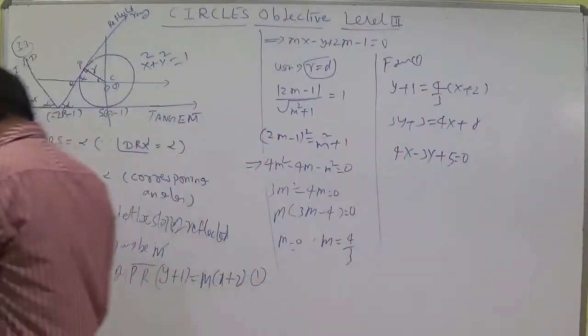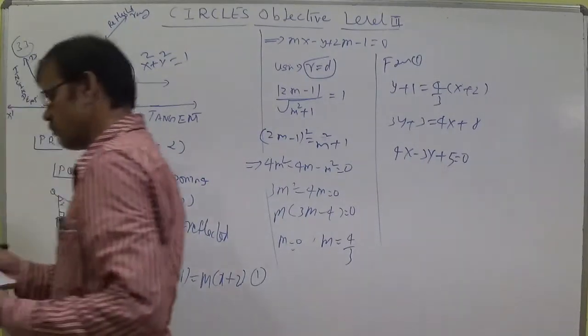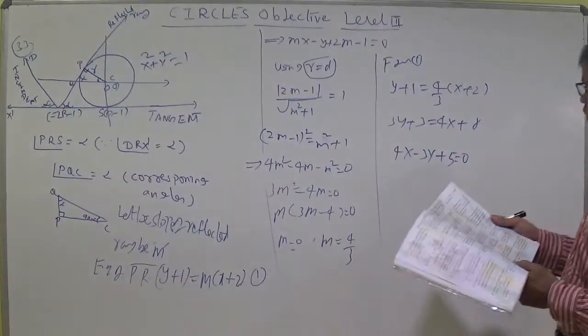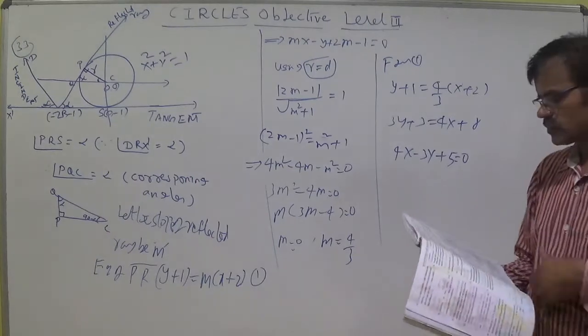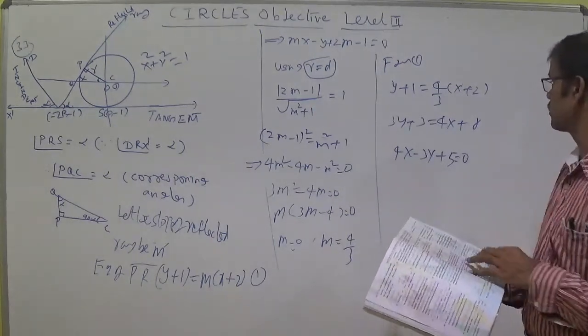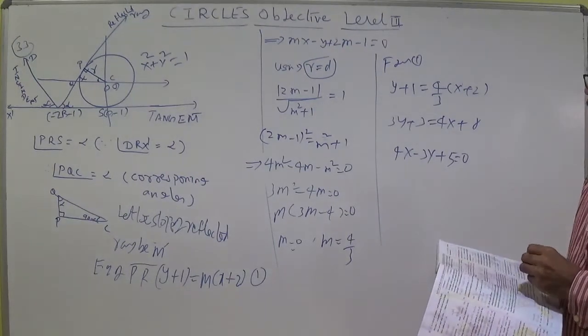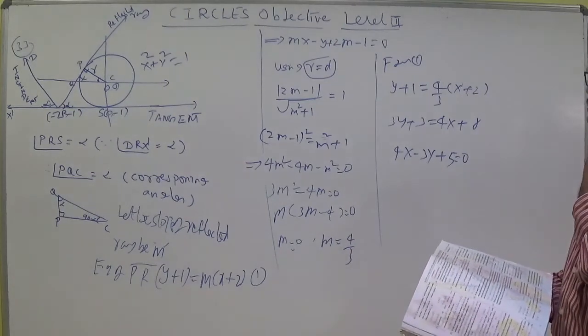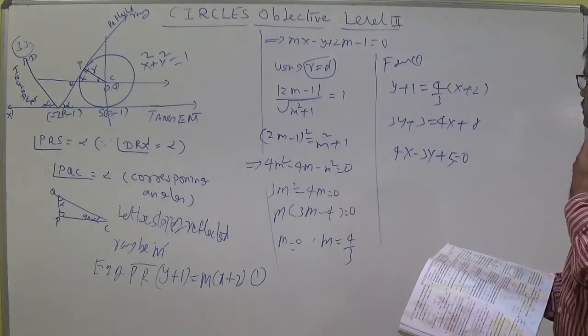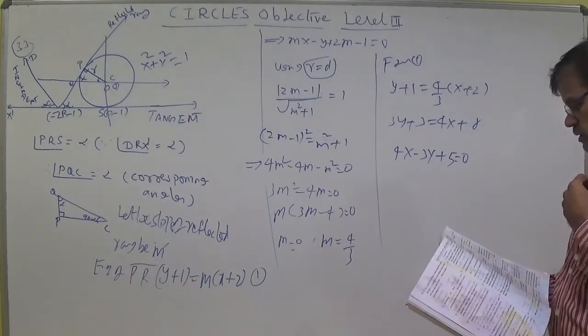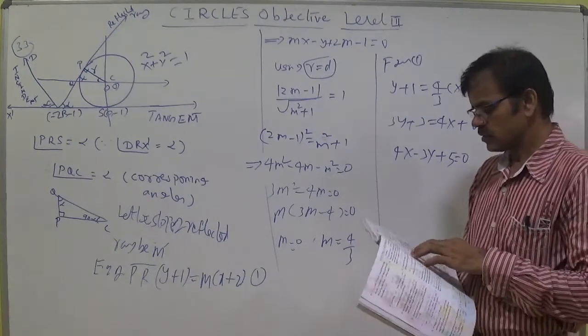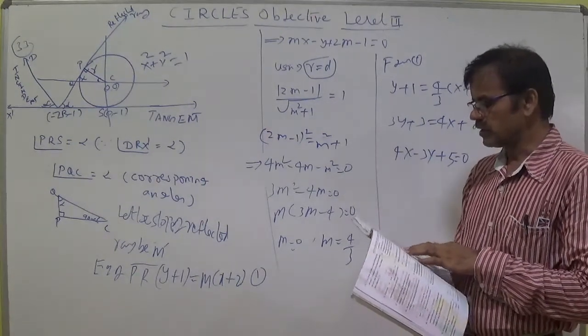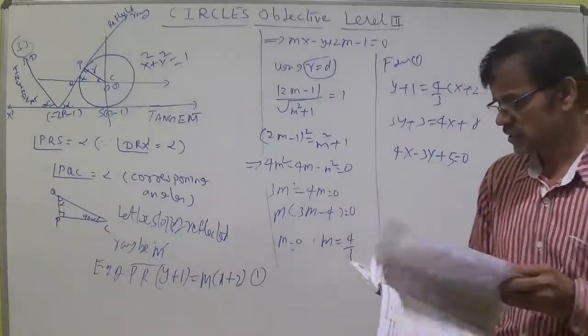We did not get the answer, students. 4x plus 3y plus 11 equal to 0 we got. 4x plus 3y plus 5 equal to 0 we got. Yeah, 3y plus 3, 4x plus 8, maybe minus 8, minus 4x plus 3y like that. The point 0 comma minus 1 is there, we did not make a mistake.